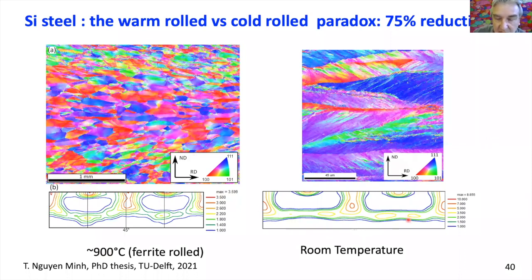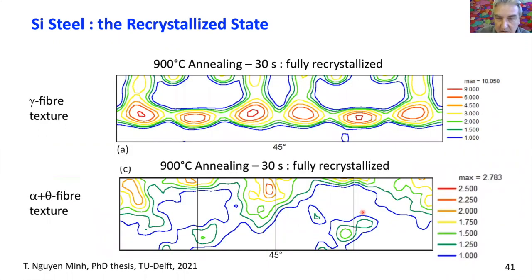The interesting thing to see is that, in fact, the rolling textures are very similar. There is not a lot of difference, maybe a little bit, but this also can be due to statistical scatter. But if you look at the recrystallization textures, they are wildly different.